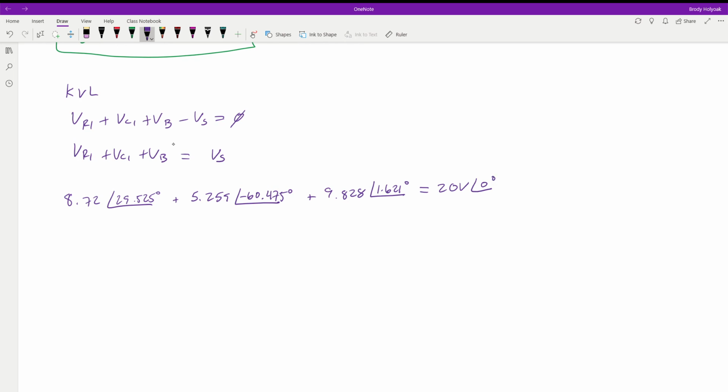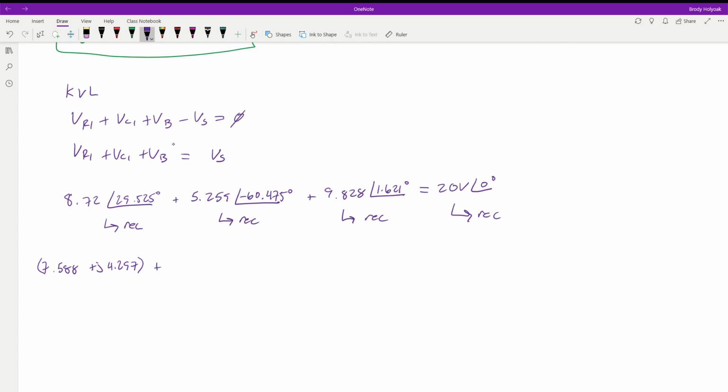Now again, we're adding, so all these we have to convert into rectangular. So we end up with 7.588 plus j of 4.297 is our first term.